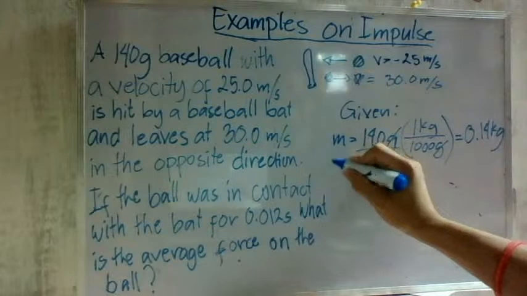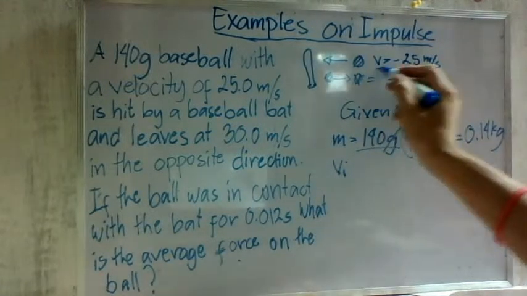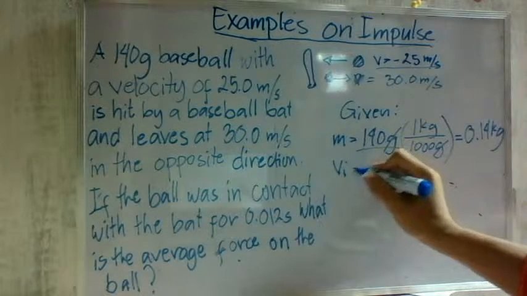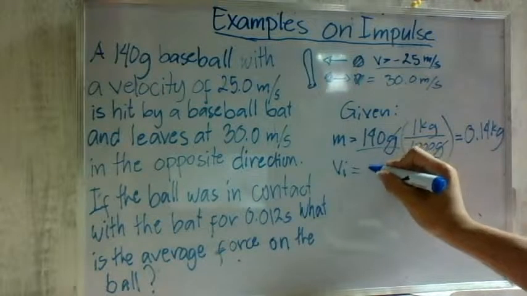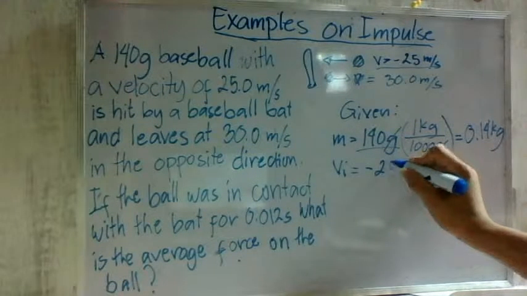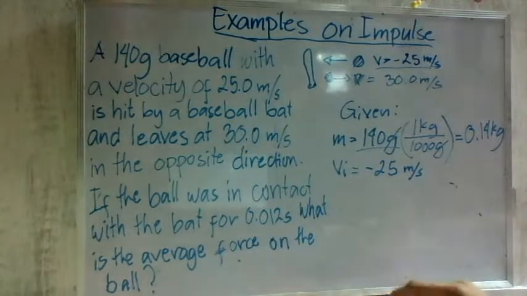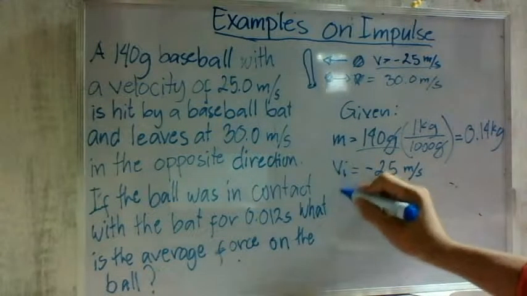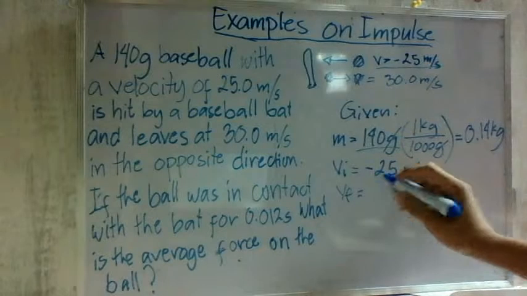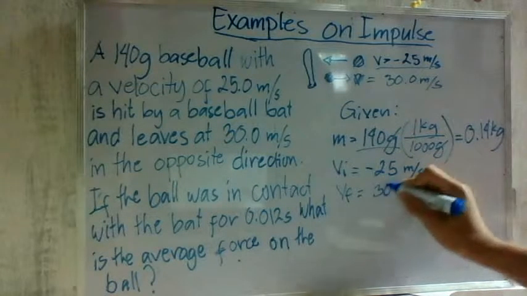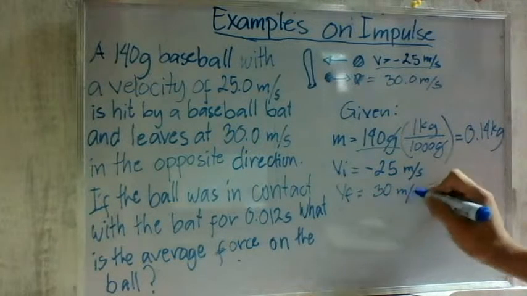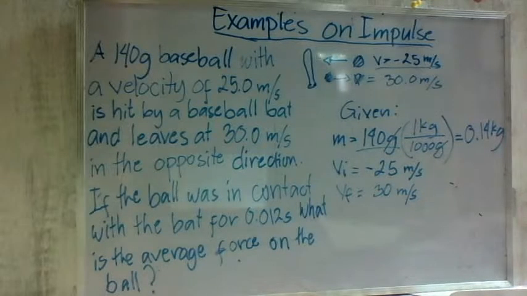Atong velocity na initial kani equal to negative 25 meters per second. Kung atong velocity final is equal to positive 30 meters per second.